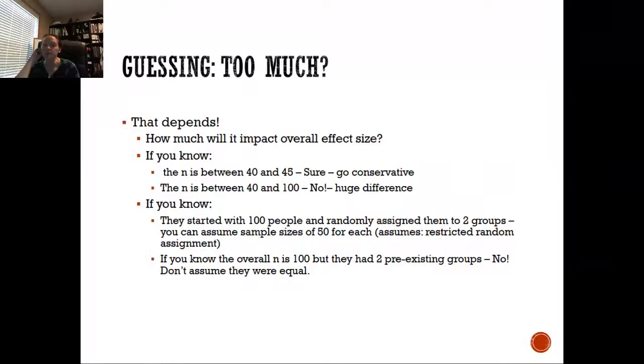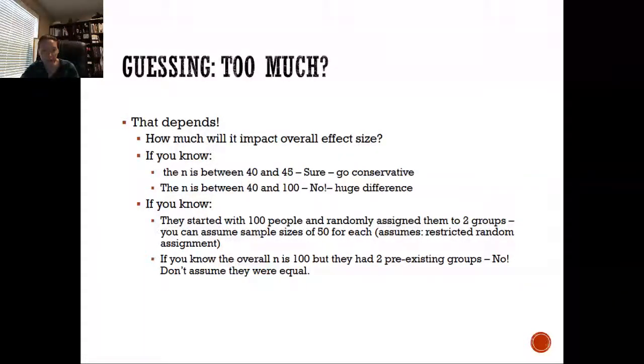Talking about this from a technical perspective, it's possible that they didn't use restricted random assignment, which makes equal sample sizes on both sides. They could have done a true random sample where they just flipped a coin. And so they could end up with 60 in one and 40 in another, or 55 and 45. But in the general sense, I'm okay with going ahead and guessing that each group had 50 in them.